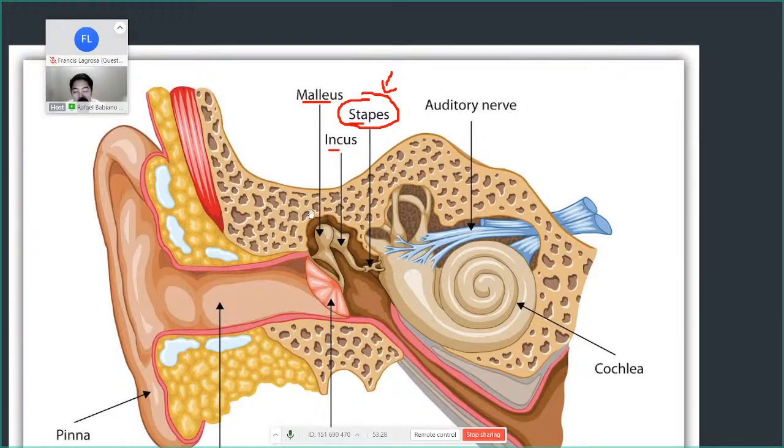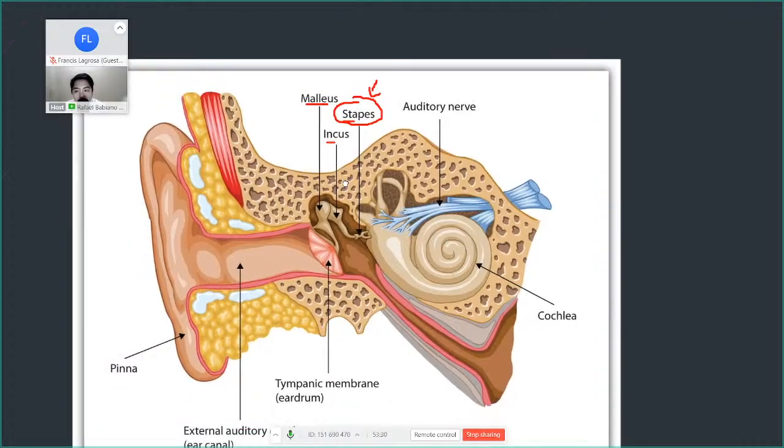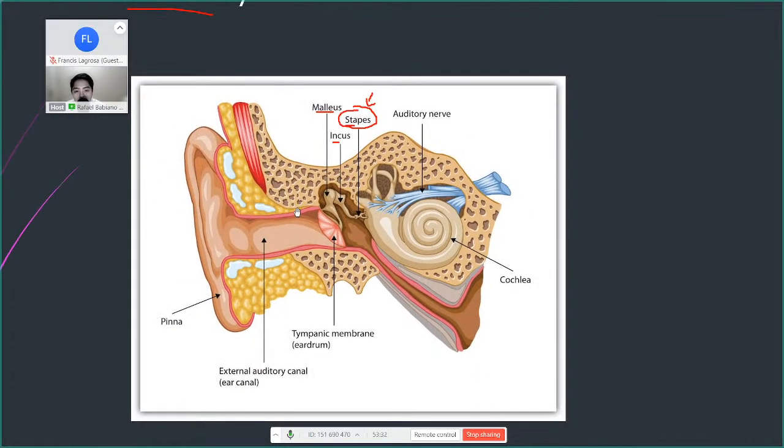So these are important because they transmit the vibration so we can hear the sounds. The sound waves will enter your ear, will go to the eardrum, producing vibration through the bones to the cochlea. The auditory nerve will catch it, going to the brain. Now we will understand what we heard. Okay, when we go to the vestibular system, we will talk more about that.